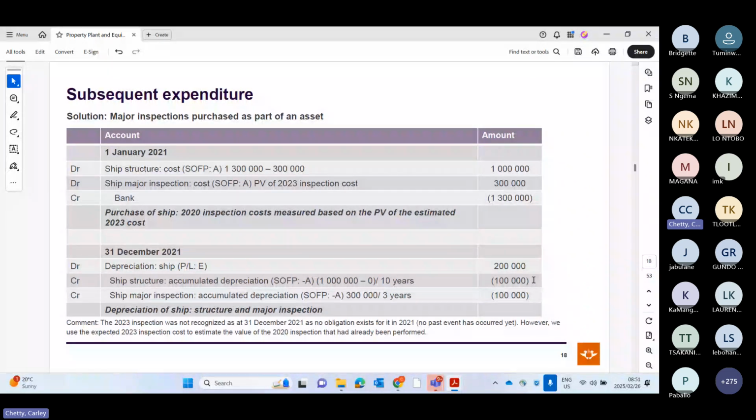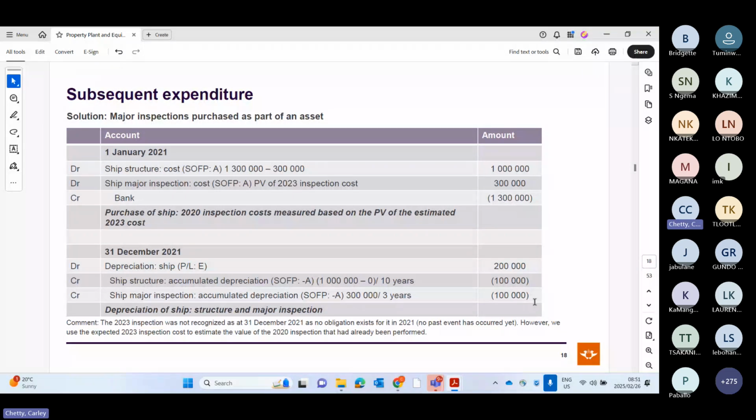So we're going to take the major inspection cost of 300,000 divided by 3 years, and that will give us 100,000 rand. So we have credited ship structure accumulated depreciation with 100,000, and we have credited ship major inspection with 100,000. We need to debit depreciation with the total of those two, which is 200,000.